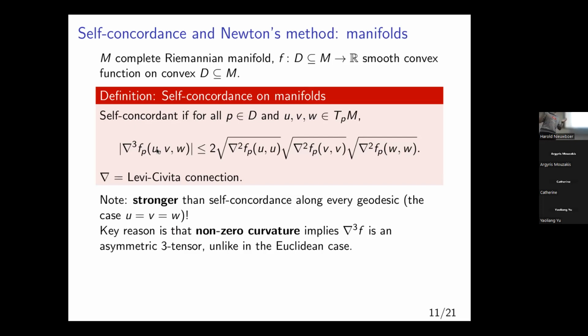So you can use a polarization style argument to say that the symmetric norm with respect to this Hessian is the same as the norm over all inputs u, v, and w. And unfortunately, this just breaks down in the Riemannian setting. So this is really a stronger estimate.